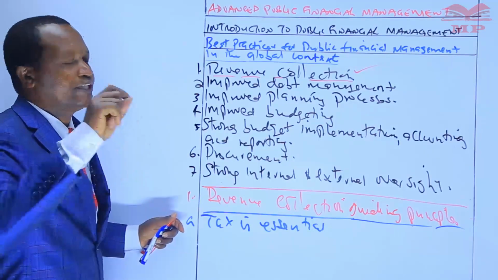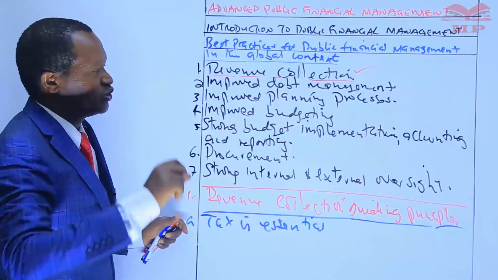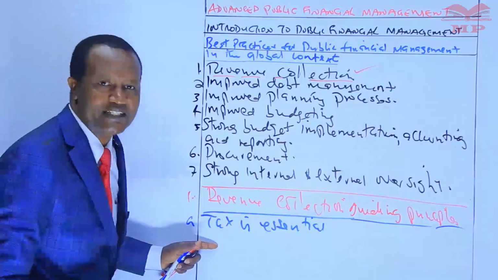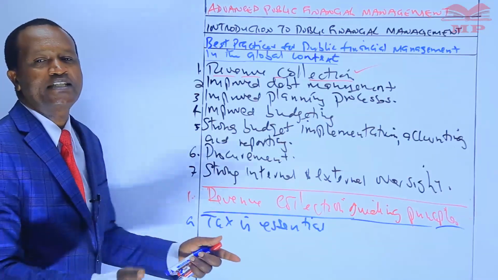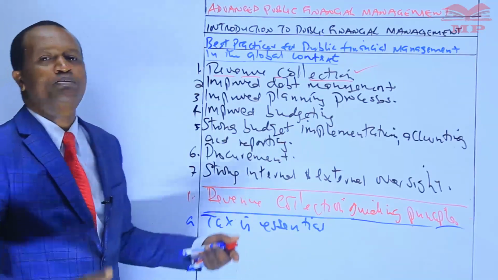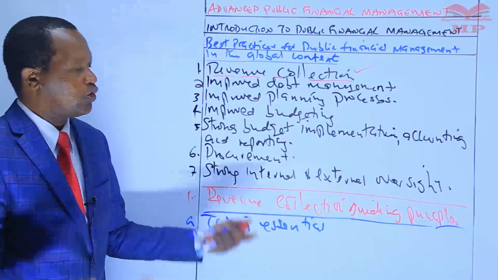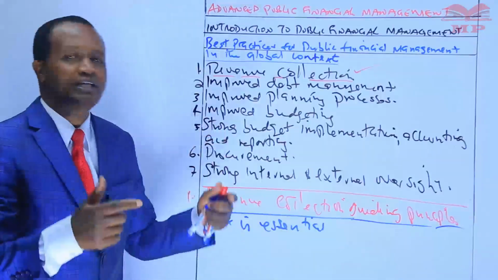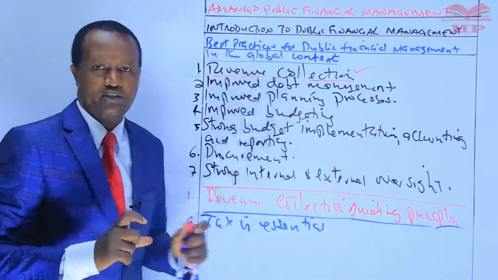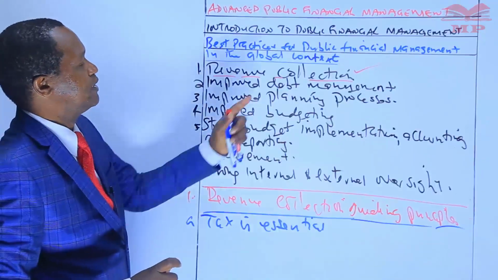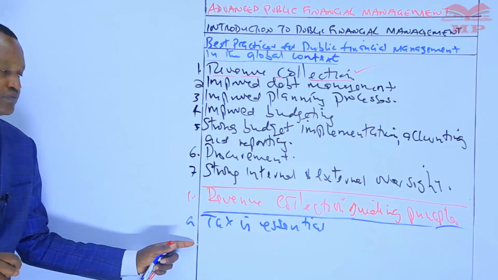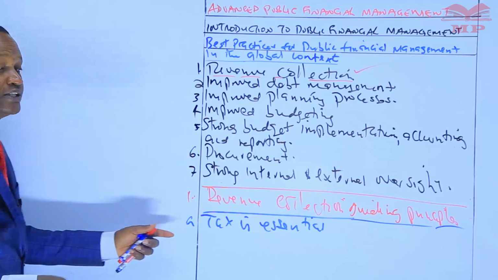It is essential to sound public financial management. When the government collects taxes, extends the revenue base and improves the efficiency of collection of tax, that is very good for public financial management. So tax is very essential. That is a principle.